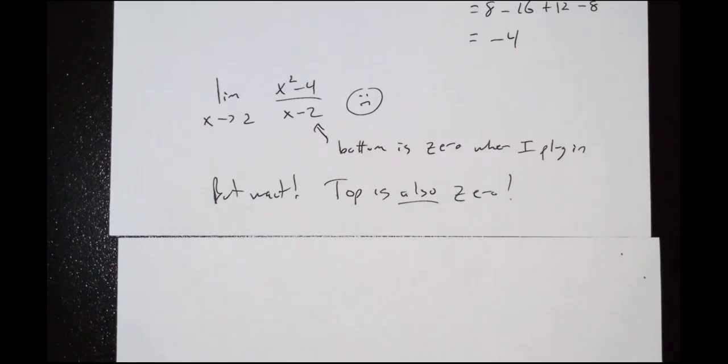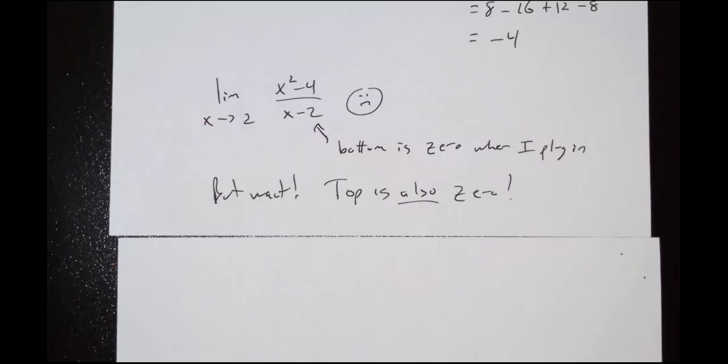Do me a favor. Graph this expression, x squared minus 4 over x minus 2. What do you see?